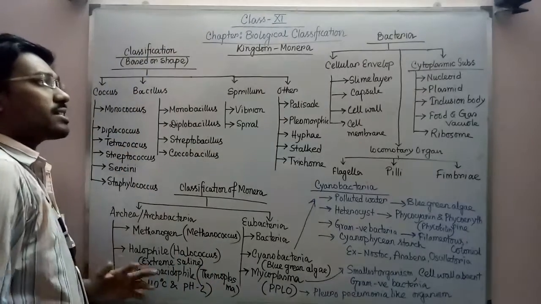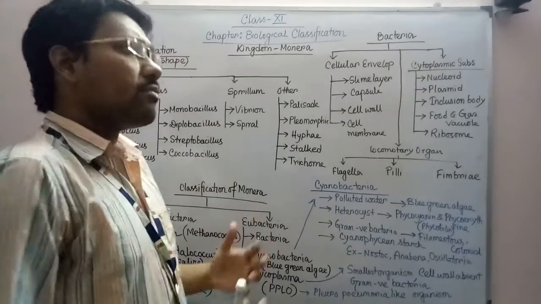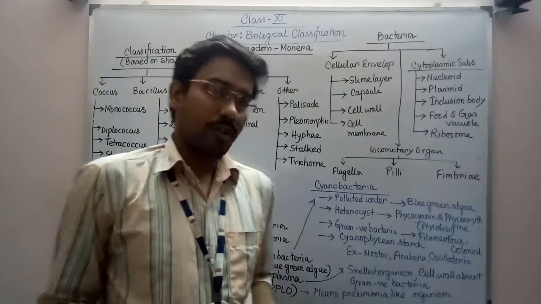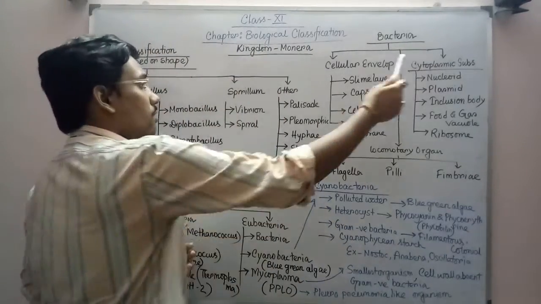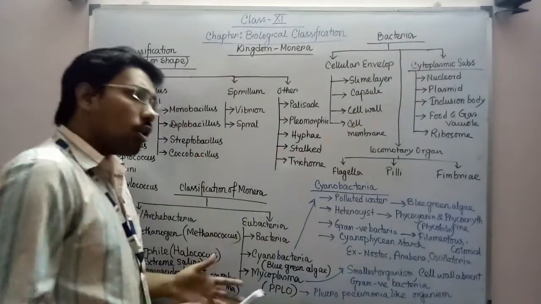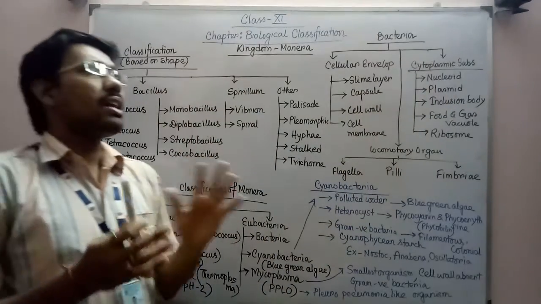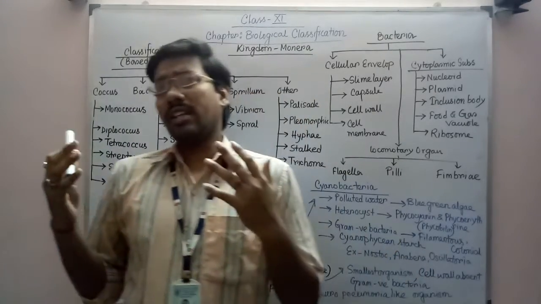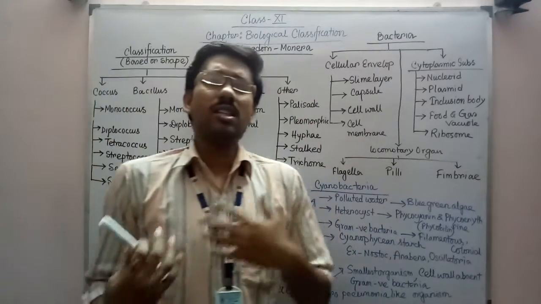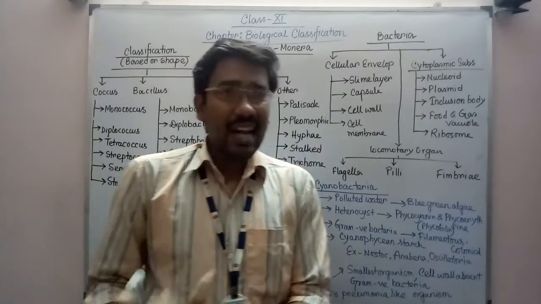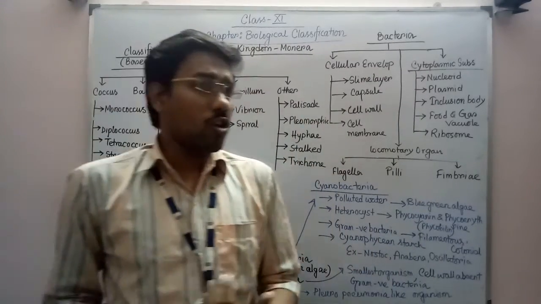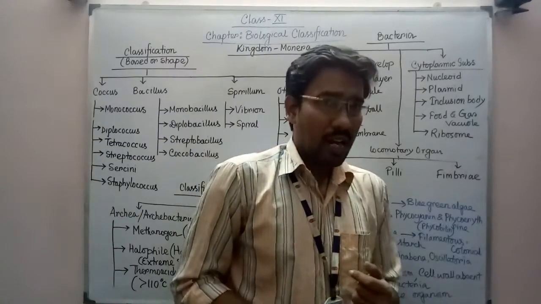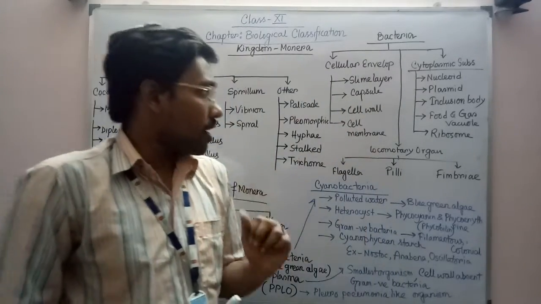Coming to the next point, that is cytoplasmic substances. Whatever substances are present in the cytoplasm of the bacteria, let's see. First one, that is the nucleoid. We all know that the nucleus is not well developed in the bacterial cell. It is very primitive, so the nuclear membrane and nucleolus, this specific categorization in the nuclear structure, cannot be seen. For that reason, keep in your mind, the structure that can be found is known as nucleoid.